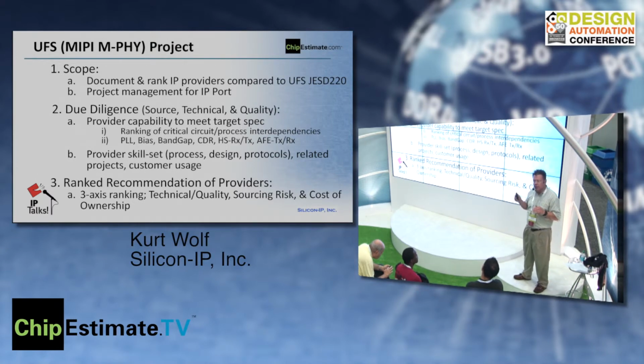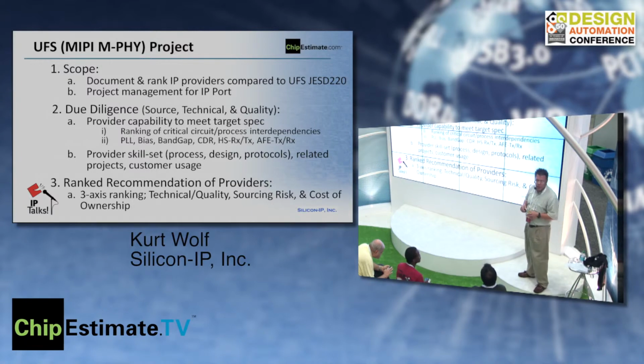So they were looking at IP providers that they don't have a lot of history on. So we were doing a lot in terms of this sourcing risk, looking at methodologies and design audits to make sure there's enough marginality built into timing circuits or sense circuits, so that when the chip actually works in the process corners, you're not going to have failures.